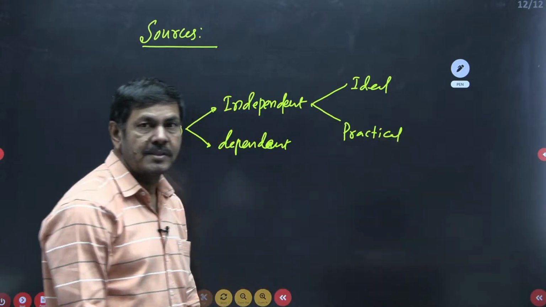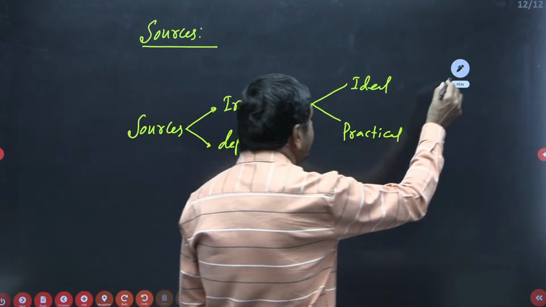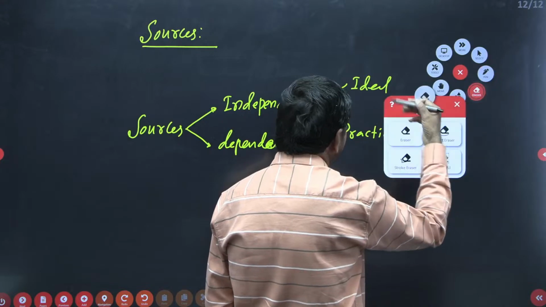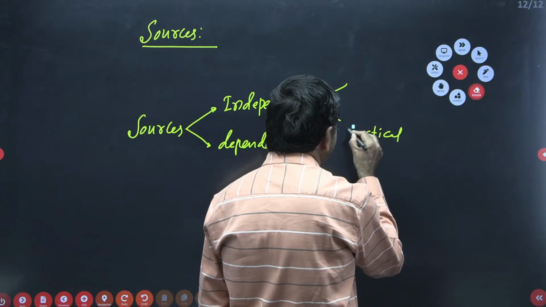Ideal and non-ideal, for voltage and current sources. We can divide again; we can write it like this, still an extension I want to give.